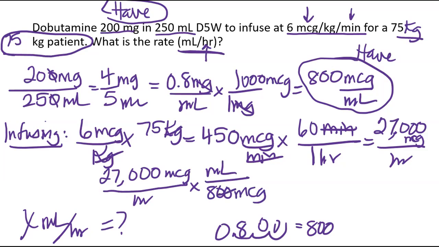We can cross out 2 zeros here and 2 zeros here, and we get 270 divided by 8, which is 33.75.